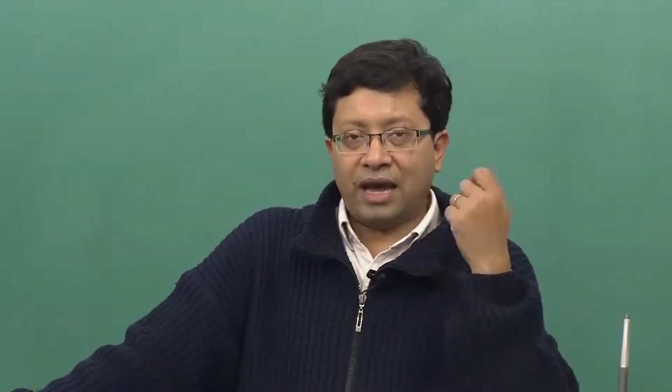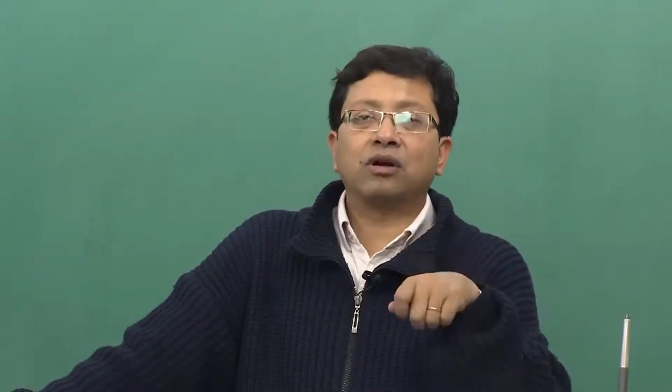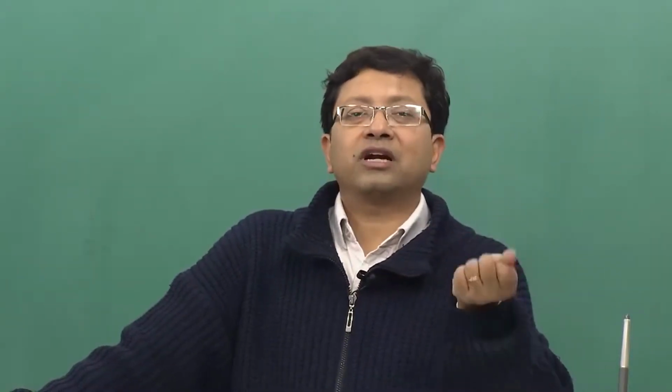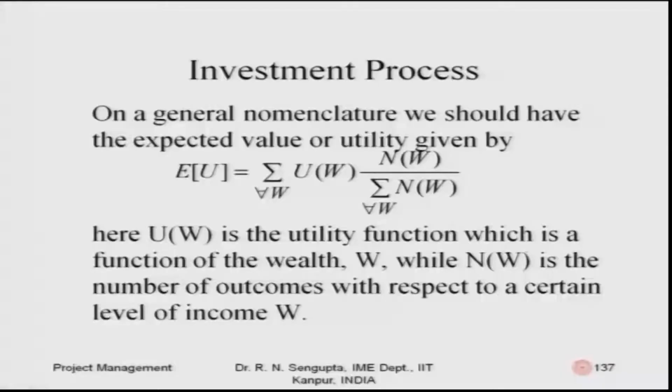As W changes, U_W changes, and you will have a different number of outcomes, corresponding to which you will find different probabilities. Technically, the last term on the right hand side of the equation, N_W divided by the summation of N_W, is the probability distribution corresponding to the occurrences of any particular decision for different outcomes.